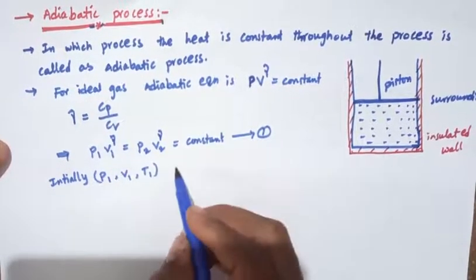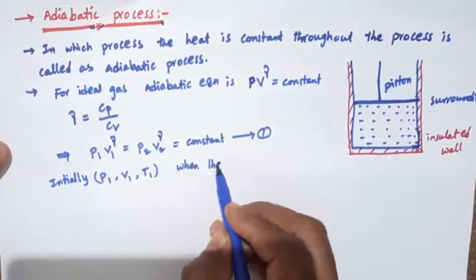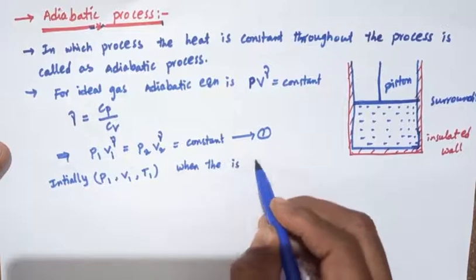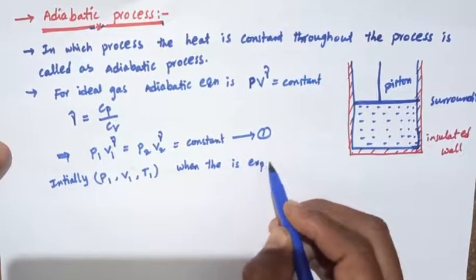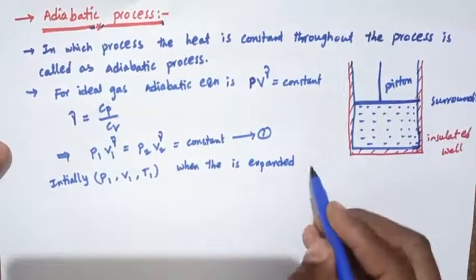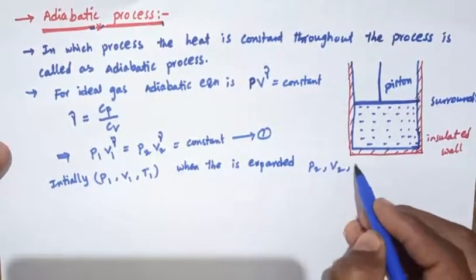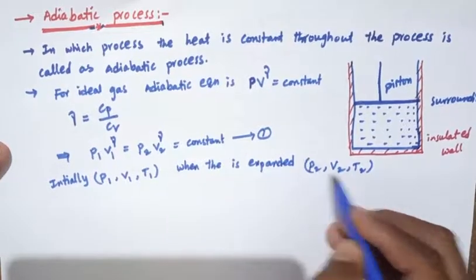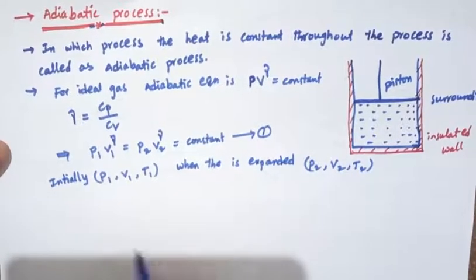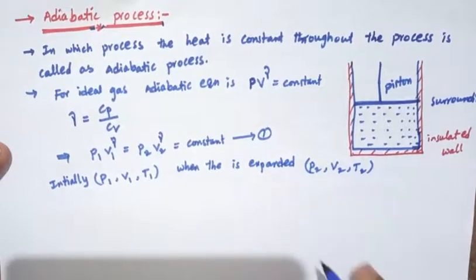When the gas is expanded or compressed, the pressure will be P2, the volume V2, and the temperature T2.